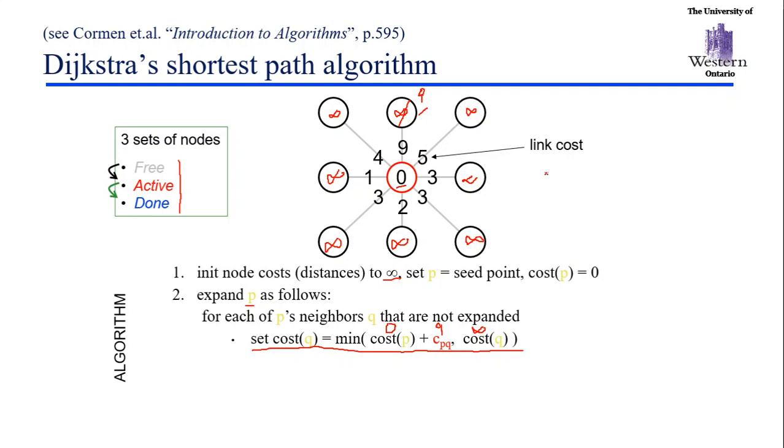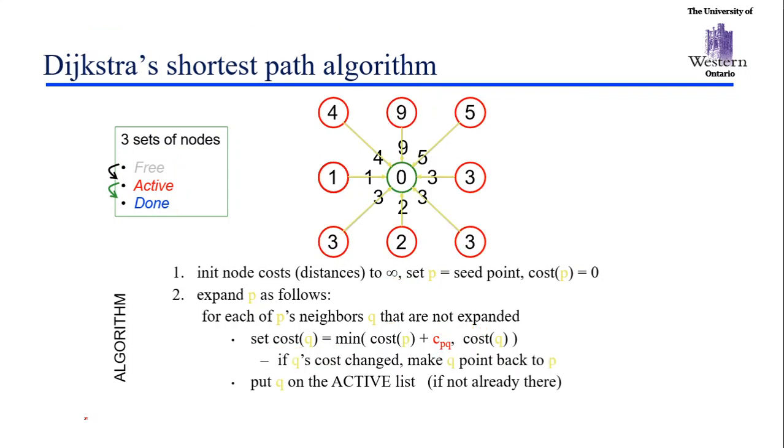So in the same token, for every single node in this stage, the cost gets replaced by the link costs. And then what we need to do is, if q's cost changes, make q point back to p. So you can see we have these arrowheads pointing back to the seed.